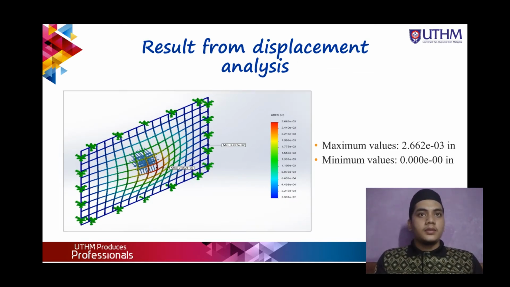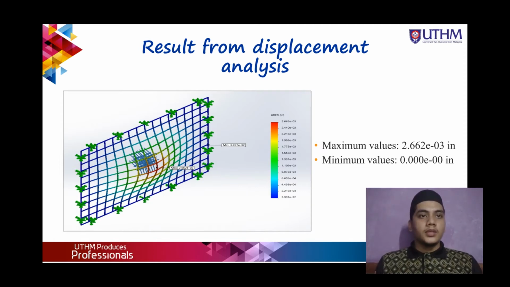For the displacement analysis, you can see that from the side of the bottom cage to the middle, it starts changing color from blue to red, which means it results in an increase in displacement that is still considerable to withstand the load.